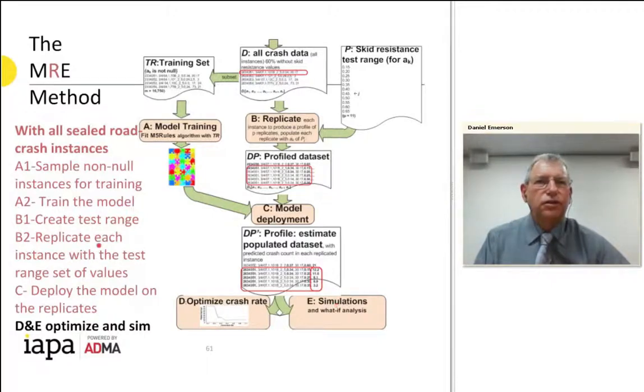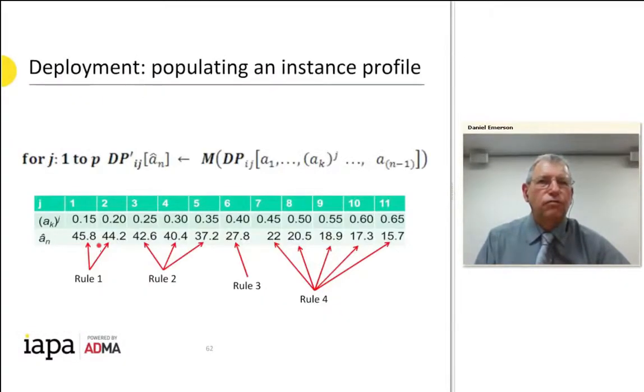However, as the skid resistance changes, it calls in a different rule, and we can see rule 3 and rule 4 making the final 5 predictions. And we see a curve that looks sigmoid, it's monotonically decreasing, and where we have a region of high risk and a region of low risk.